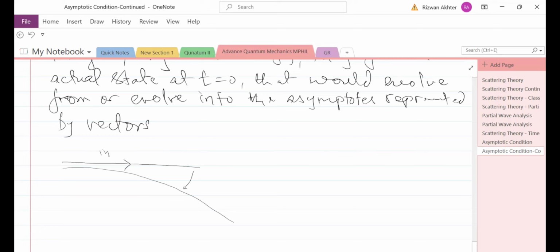So this is the in asymptote, that is U naught of t psi in, and it evolves into psi due to this operator, which is the Moller operator, acting on psi in. And in fact, this is your actual orbit.